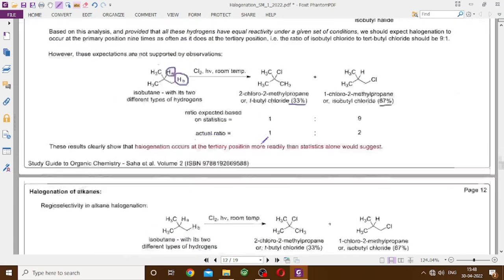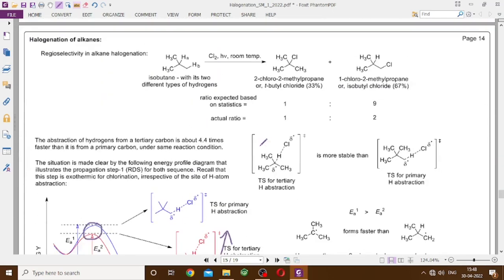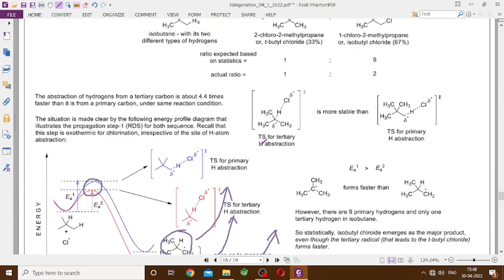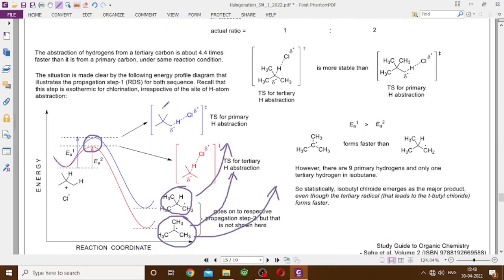For an exothermic step, you know that the transition states are like the reactant. So they have a little bit of radical character, but they are mostly similar to the alkane. See where the radicals are and see where the transition states are.